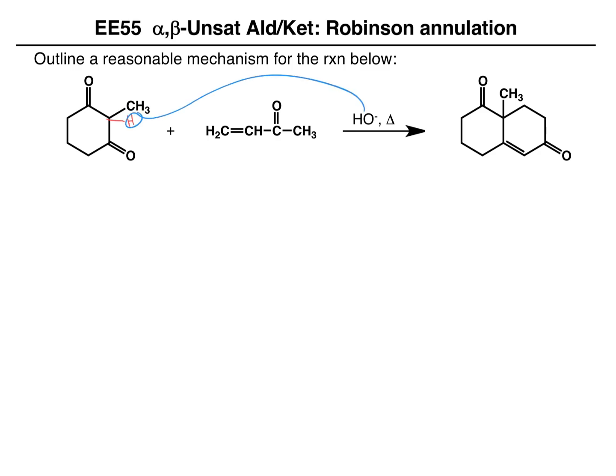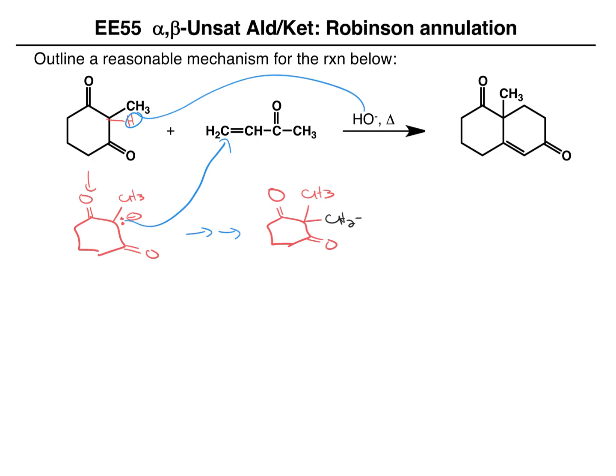So hydroxide will grab off this proton, and we are going to get this enolate, and then this enolate can carry out conjugate addition to the alpha beta unsaturated ketone, and that is going to lead to this intermediate.